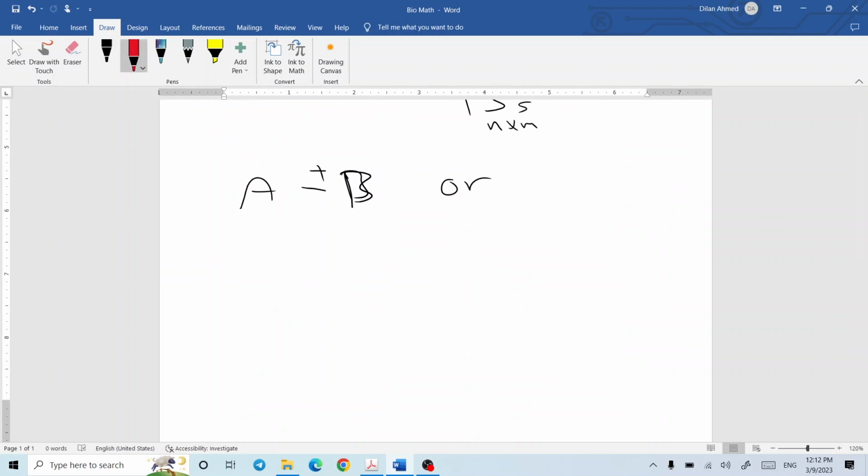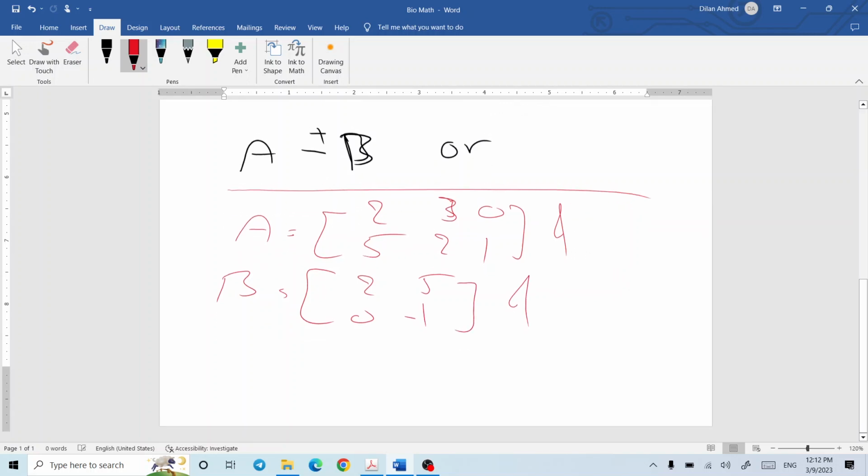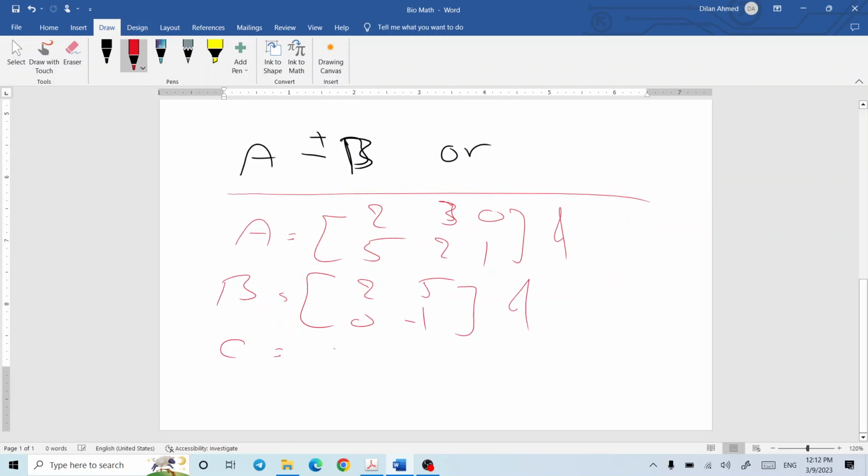Now, A is equal to 2, 3, 0, 5, 2, 1, and B is equal to 2, 5, 0, minus 1, and C is equal to 0, 3, 5, minus 1, minus 2, 0.